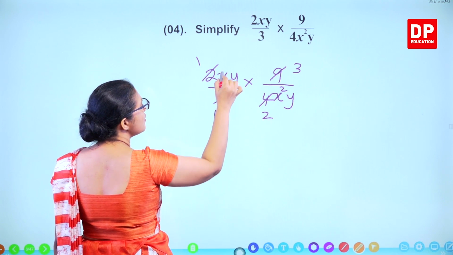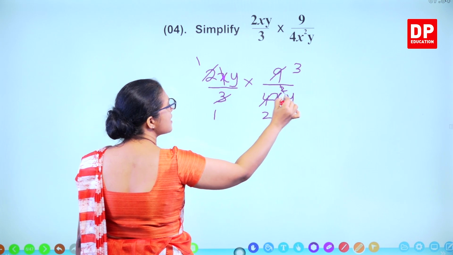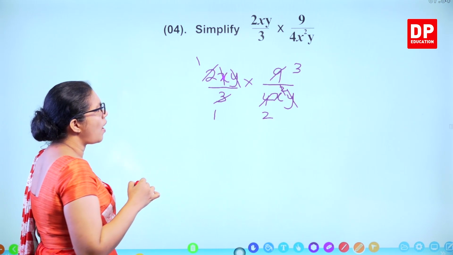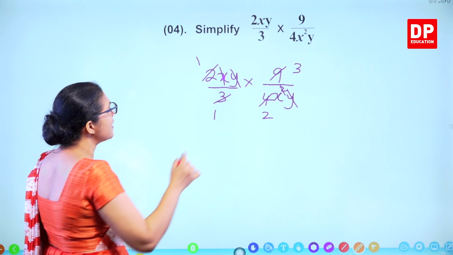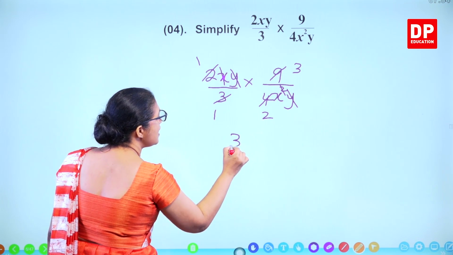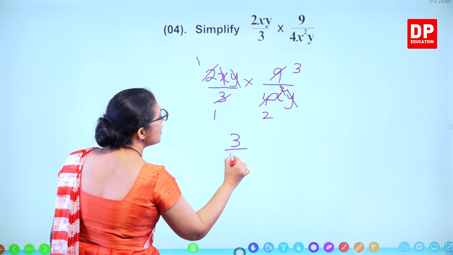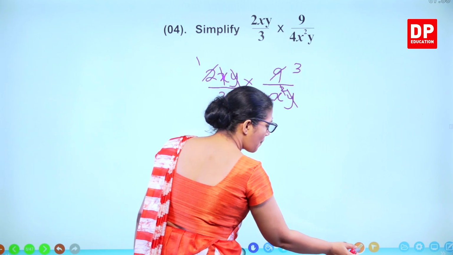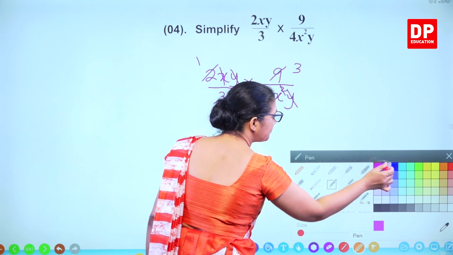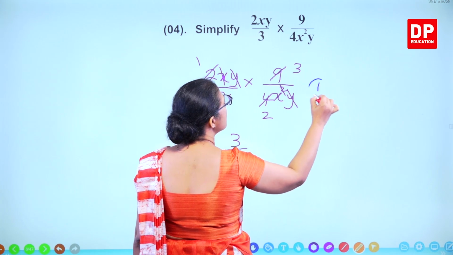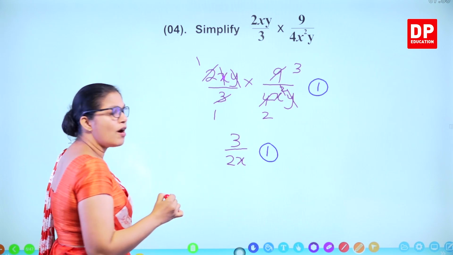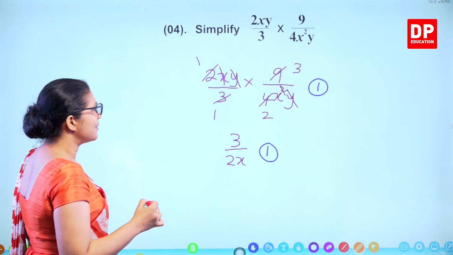And 1x, you can cross out 1x with this x. And y, cancel out with this y. So what's remaining? So you get 3 in the numerator and 2x in the denominator. So how many marks? So you get 1 mark for simplifying and 1 mark for writing the correct answer.